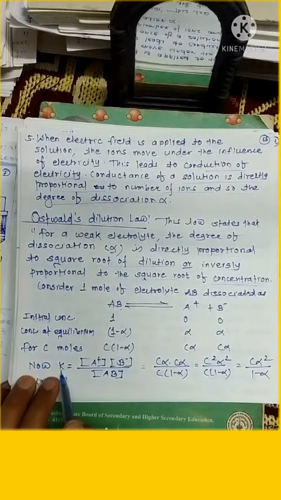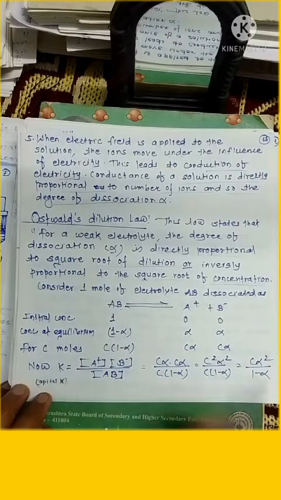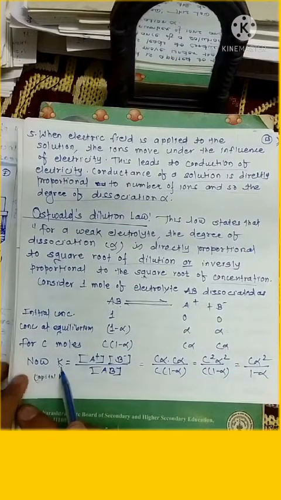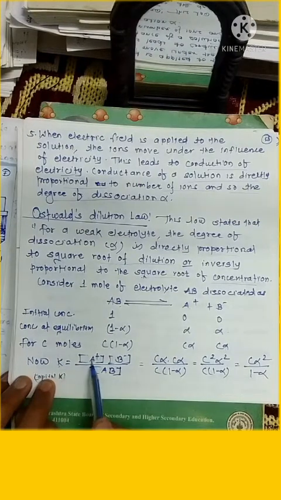Now the dissociation constant is capital K. Don't confuse this K with specific conductance. Specific conductance in this chapter we denoted with small k. Capital K is the dissociation constant. So the dissociation constant K is equal to the concentration of A plus multiplied by the concentration of B minus divided by the concentration of AB.